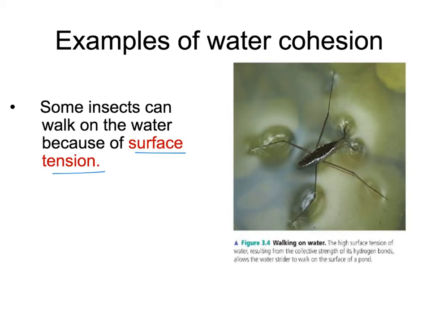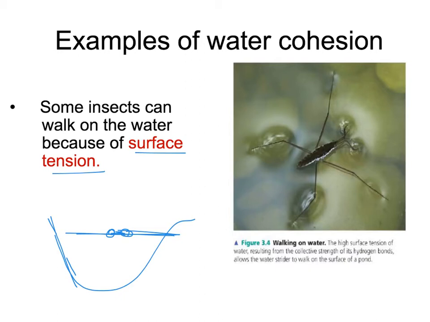For example, this is the lake, and on the lake there is cohesion between water molecules, and each water molecule attracts the other water molecules near it.